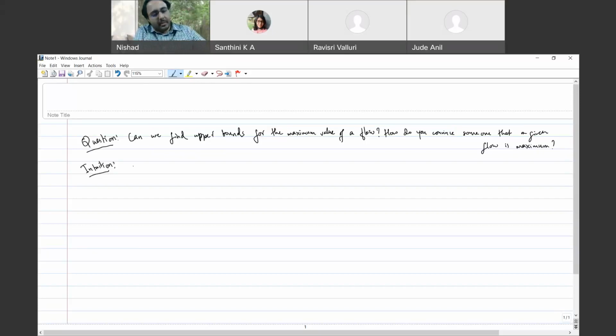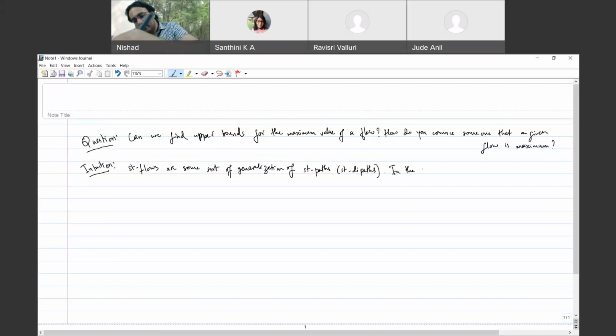Okay. So ST flows are some sort of generalization of ST paths, or if you like, in directed graphs, it would be dipaths. And we have seen in this course that paths are related to cuts.